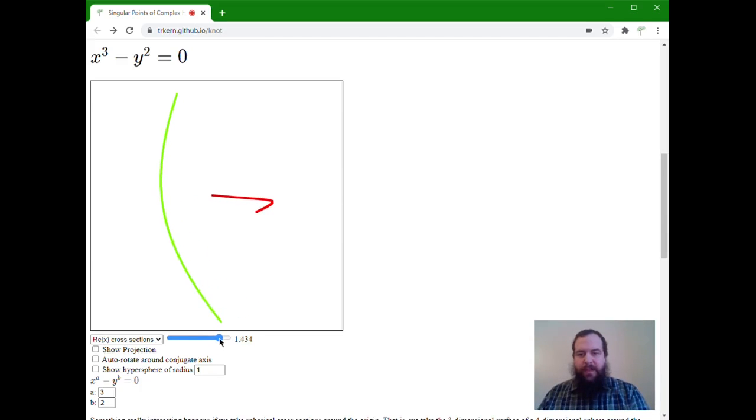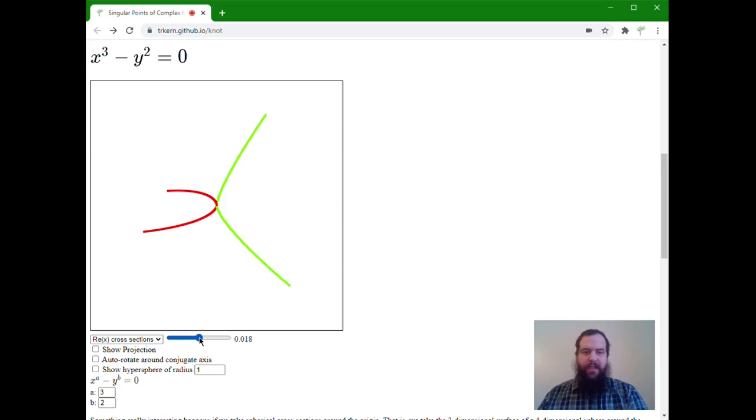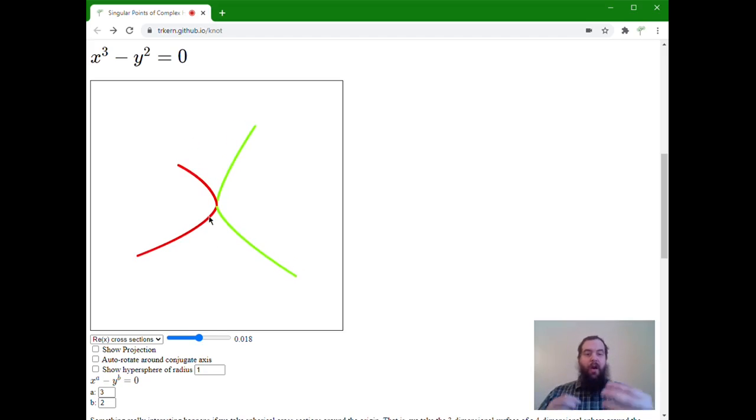So we see that as we adjust the real part of x, these curves can come apart from each other. As the real part of x gets closer and closer to 0, they're going to get closer and closer to each other until we hit, I don't think we can actually hit, just because of the way the slider's set up, we can't hit 0 exactly, but close enough to 0, we see that these curves are intersecting.